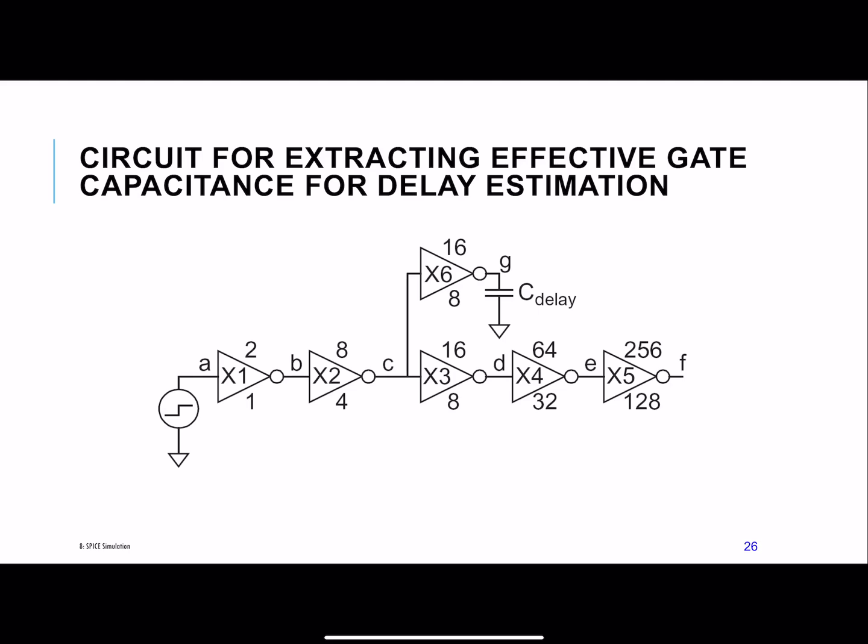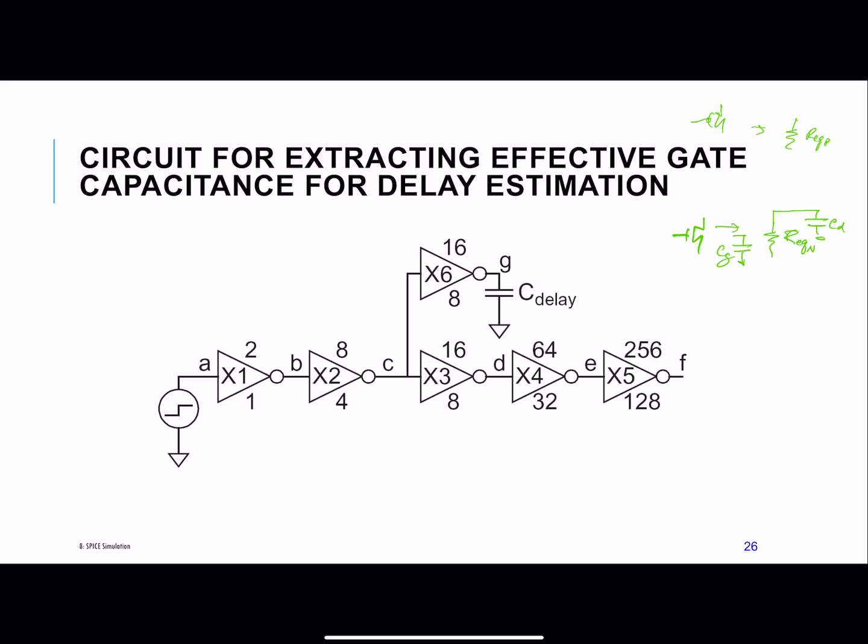If you remember, we needed an R equivalent, and then we had a gate capacitance, and then we had a drain capacitance for each device. So this was our model for the N, and the corresponding model for the P was the same. It had an R equivalent for the P, and R equivalent for the N.